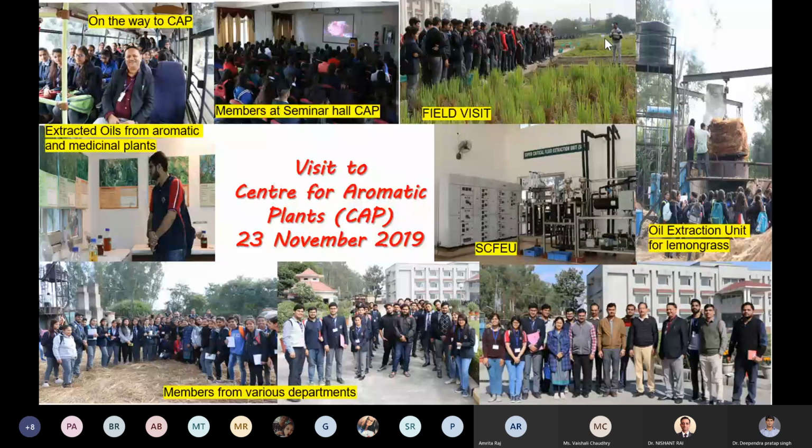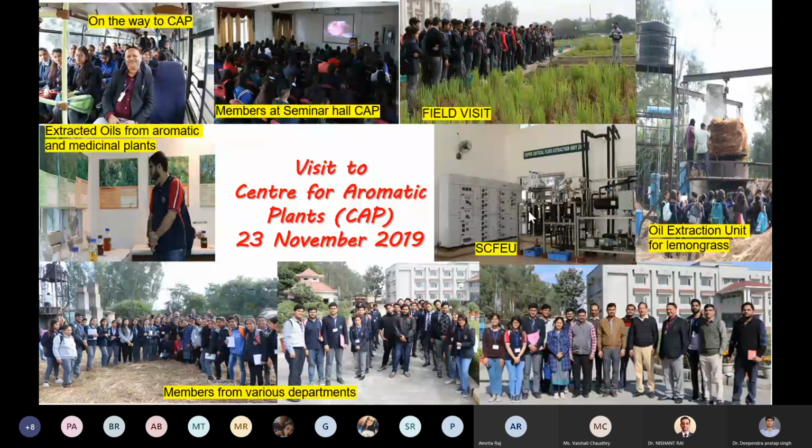Then the students visited the oil extraction unit, which extracts the oil from the lemongrass, and also they visited this supercritical fluid extraction facility. This machinery costs about 1 crore, and this facility is a very sophisticated instrument which can extract the oil, leaving the seed or the matter as it is.